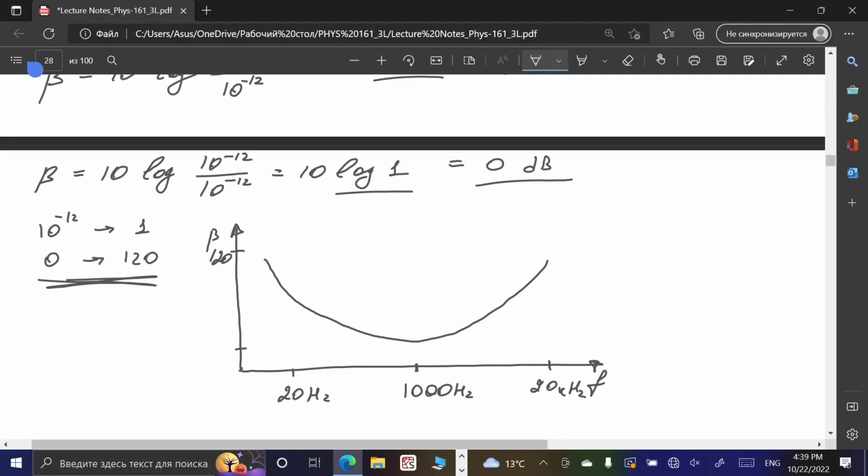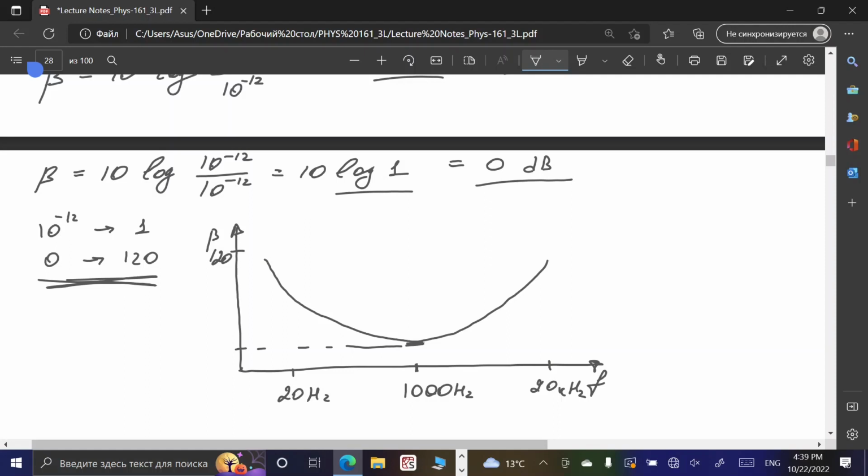You see that it has a minimum around 1000 hertz, which means that is the minimum sound intensity which we can hear. So there is some frequency dependence of the sensitivity of the human ear. Usually we can hear only from 20 hertz to 20 kilohertz, plus minus.